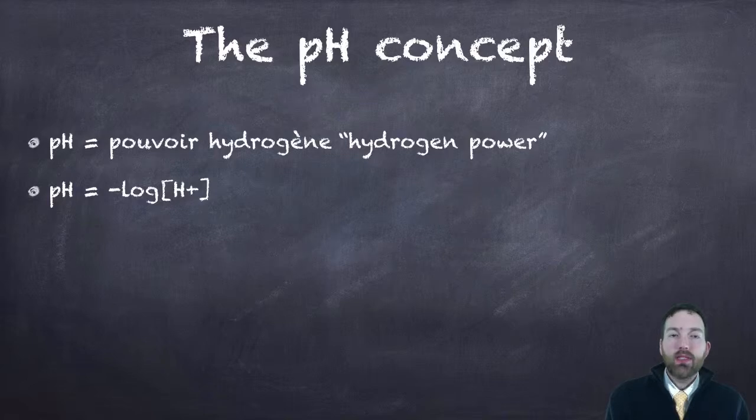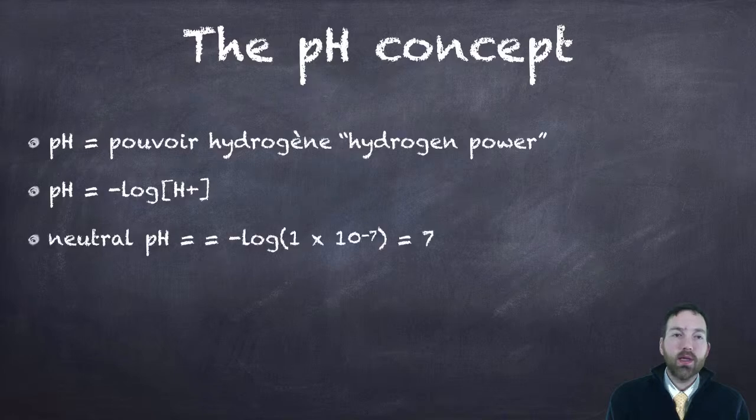The way pH is calculated is the inverse log of the concentration of hydrogen ions in the solution. You don't need to calculate pH in Regents chemistry, you just need to know that it's a thing. And this is how they come up with the numbers on the pH scale.